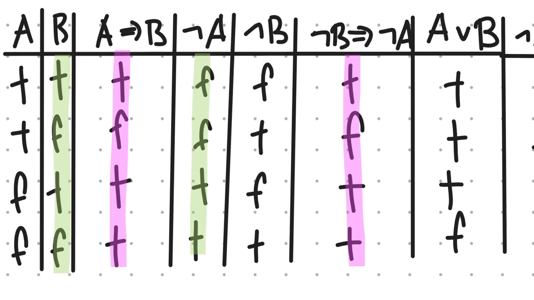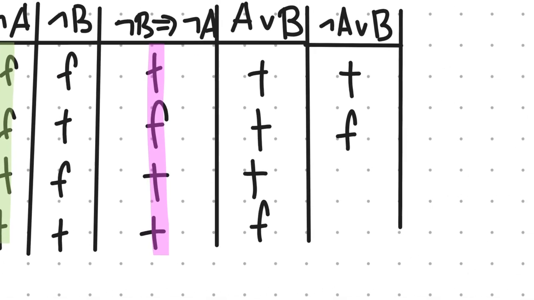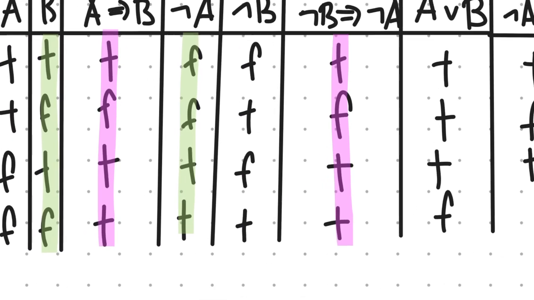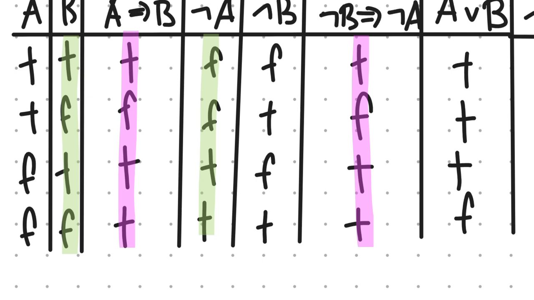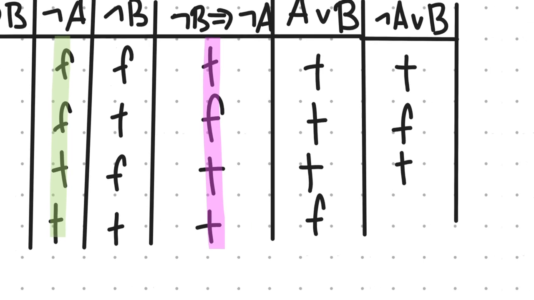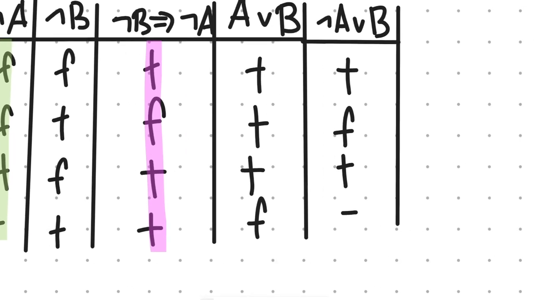And in the third one, we have true, true. So we have two true statements, which means we have at least one true statement. And last but not least, we have false, true or true, false. How you read it doesn't matter, from left or right. We also have at least one true statement. That is why it's a true statement for not A or B.